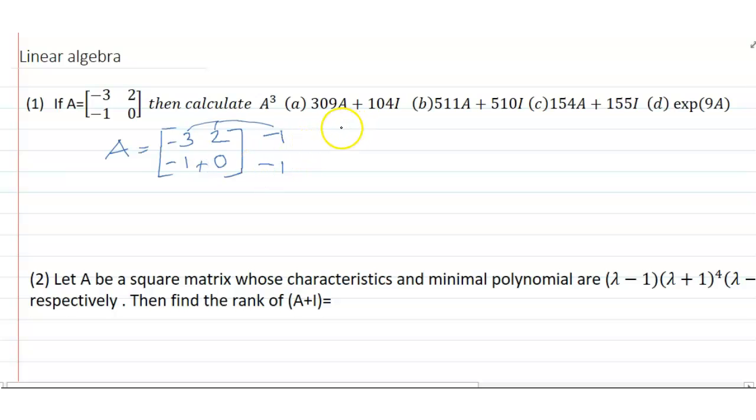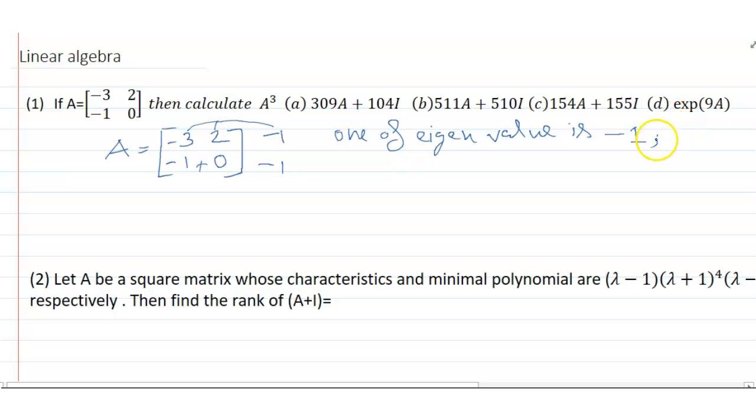So one of the eigenvalues is -1. One of the eigenvalues is -1.